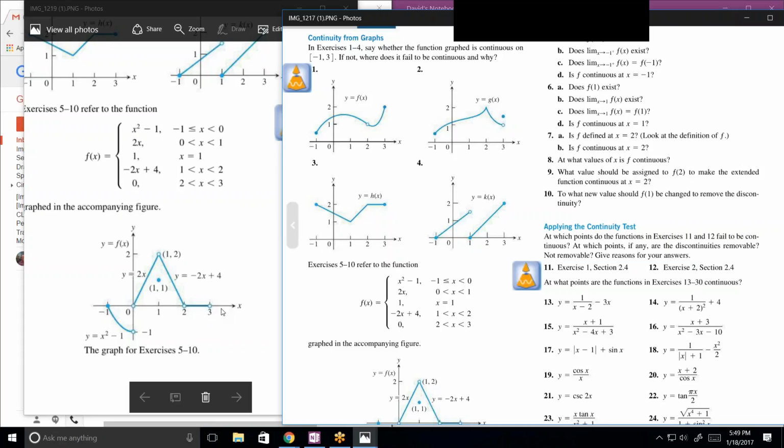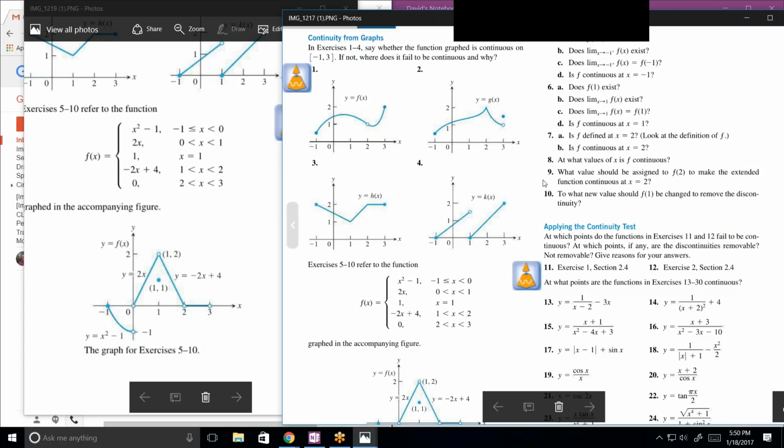And there is no approaching 3 from the right. So I might be tempted to say that it's continuous at 3, but for it to be continuous, f of 3 would have to be defined. And f of 3 is not defined. That is not in the domain. Therefore, it's not continuous at 3 either.